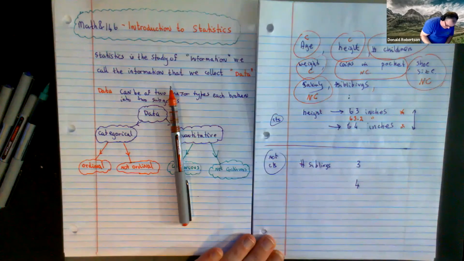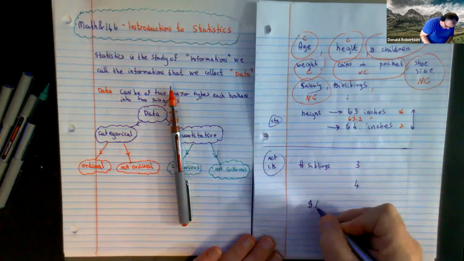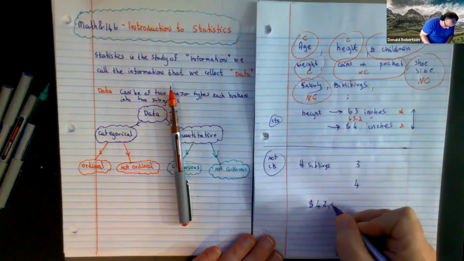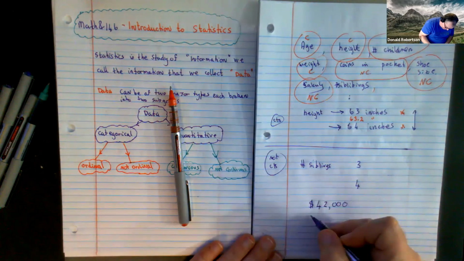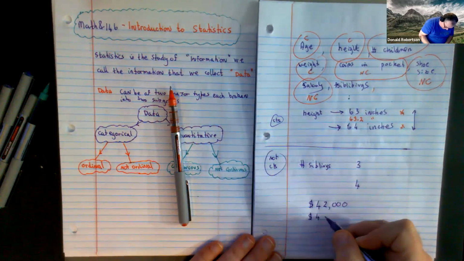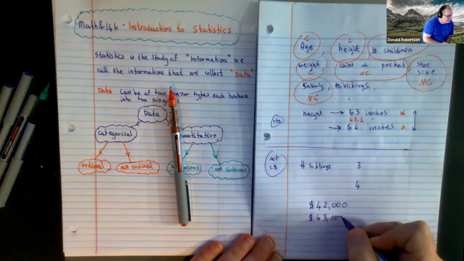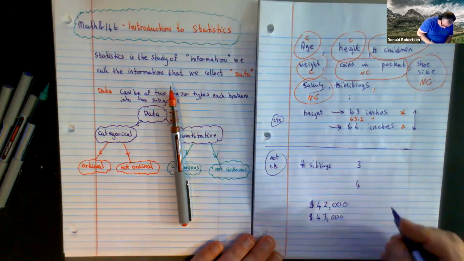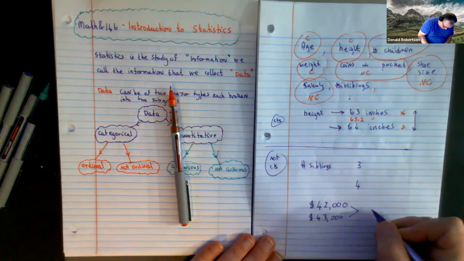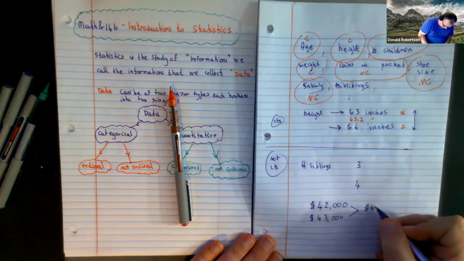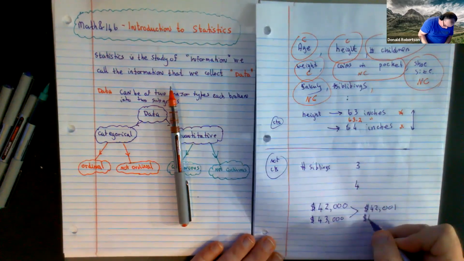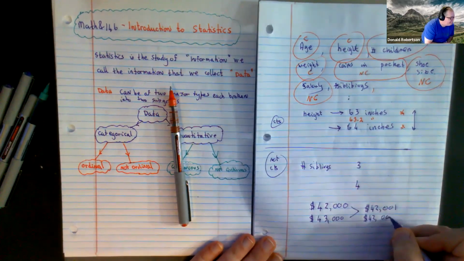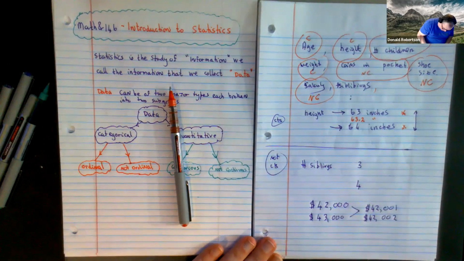Okay, here goes. You could say, I get paid 42,000 a year. That's my salary. And somebody else gets paid 43,000. Well, there's some room in the middle. So you could be paid 42,000 and $1, or you could be paid 42,000 and $2. Oh, but there's some room in there.